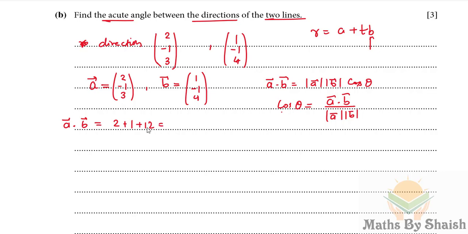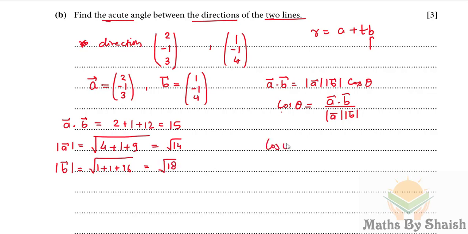So it becomes 12 plus 3 is 15. Modulus of a is the square root of the sum of the squares of its components, so 4 plus 1 plus 9 is 14. Modulus of the second vector is the square root of 1 plus 1 plus 16, which is 18.